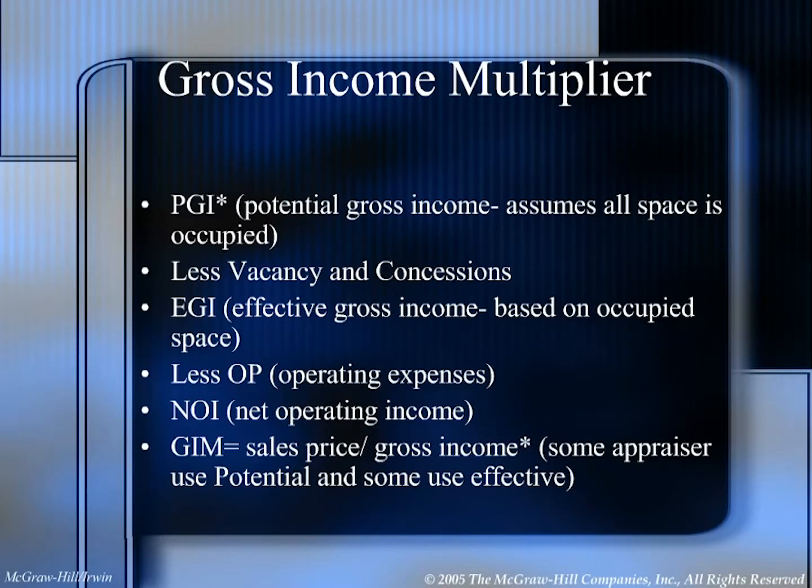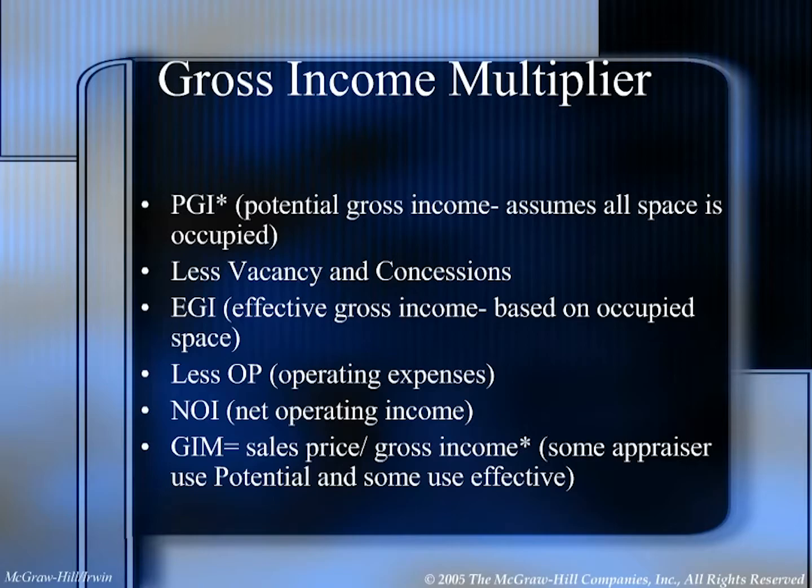So before we can work with all these income numbers, we need to make sure we understand the definitions. So we have the potential gross income, and that would be the income if we had no vacancy at all. So if everything in the building was fully leased, we'd have the potential gross income. Then we would subtract off any vacancies or concessions, and we'd get the effective gross income.